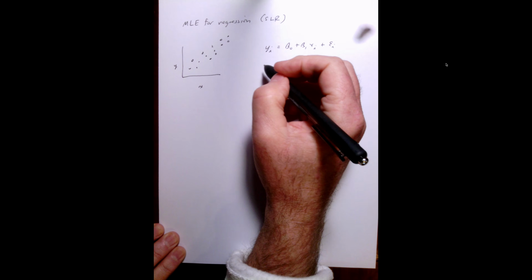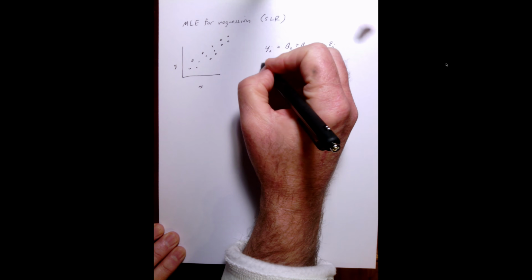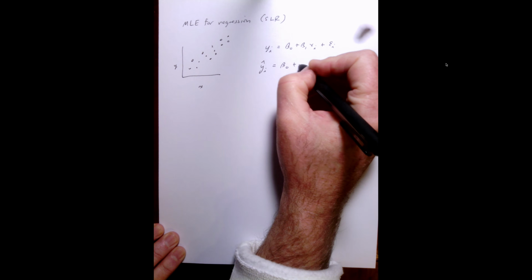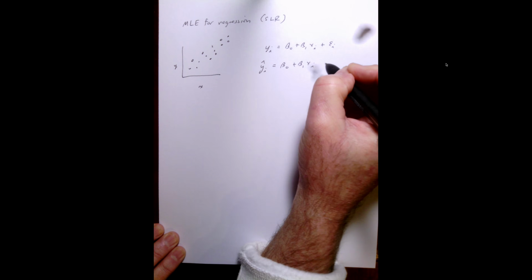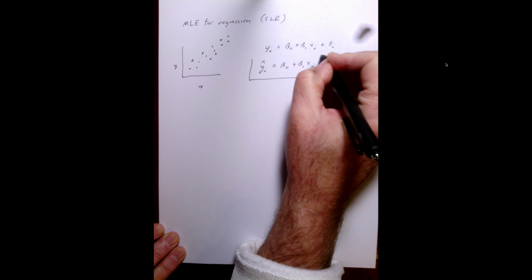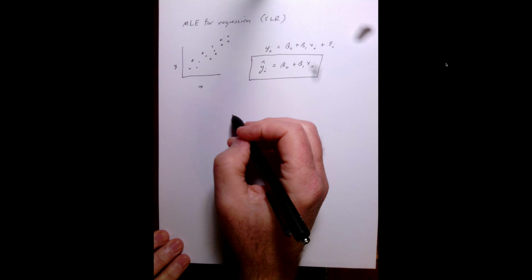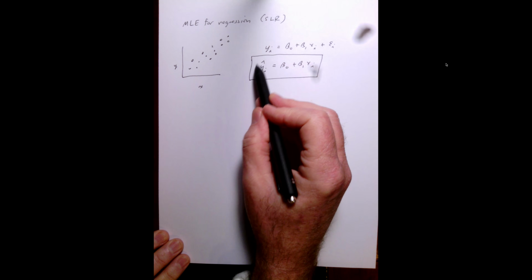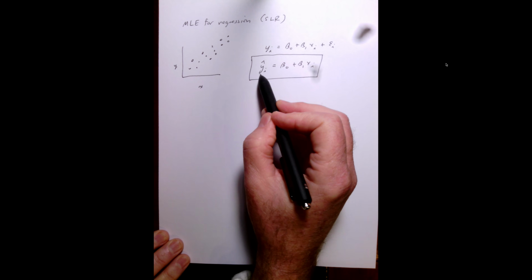Now, just a sidebar here. This is not to be confused with, well, it is confused with. The reason I'm pointing it out here, make sure you understand the difference between these two. And the difference is this. This is the predicted value, and this is the notation for predicted y.